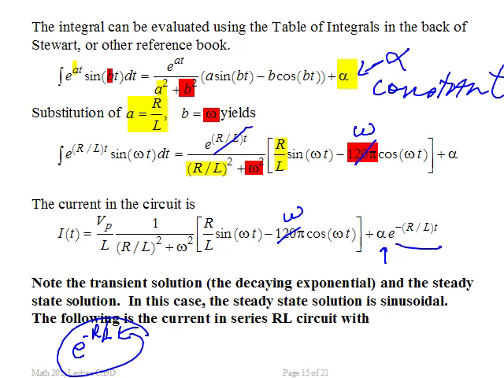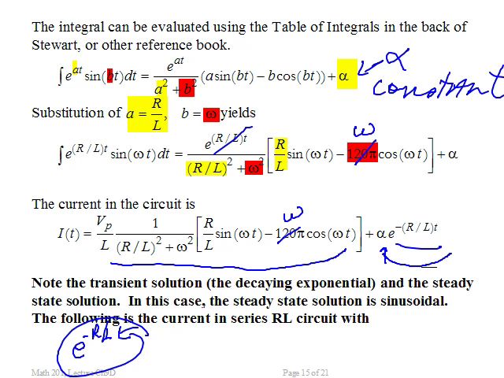So what do I have here? I have a transient solution here. This actually is a steady state solution. It does depend on time, but it does not decay away. The transient solution decays away, and you're left with the steady state solution.